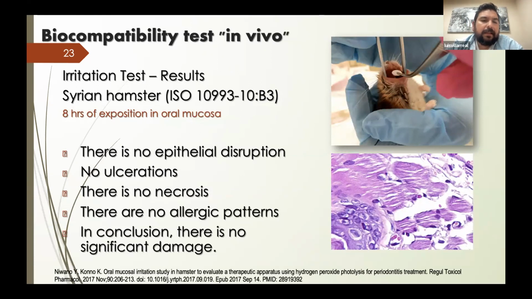The pathologists classify different immunological reactions against the fibers, against the samples, and they conclude that there are no epithelial disruptions, no ulcerations, no necrosis, no allergic patterns, and in conclusion, no significant damage. This is the conclusion of the pathologist collaborator and the veterinarian.